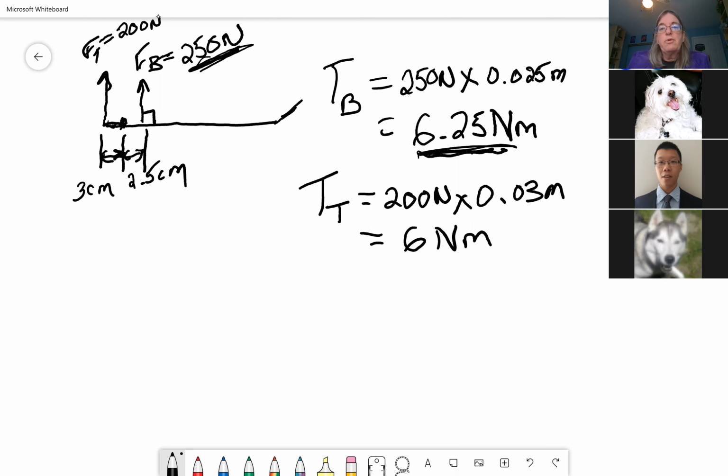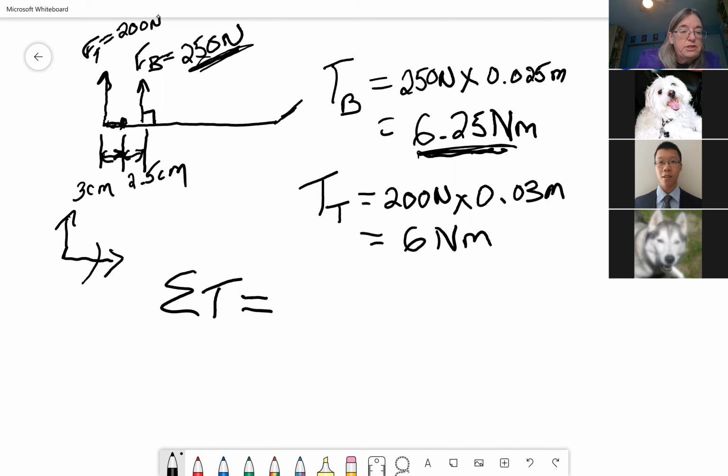So the actual net torque at my joint is going to be the sum of my torques. And let's just say that I call a torque that goes this way as positive.